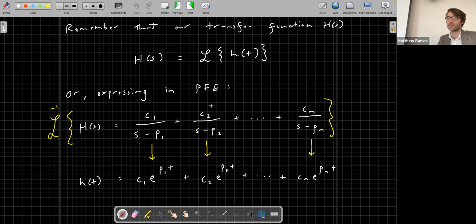Unstable. Why is that? Right. So the total response will be the sum of all of these different terms corresponding to the poles. So if any one of them is unstable, then the entire response will be unstable.